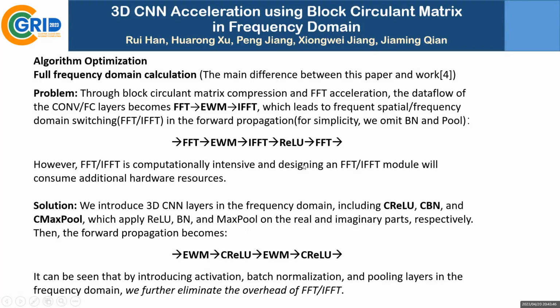However, through block circulant matrix compression and FFT acceleration, the data flow of the convolutional and fully connected layers becomes FFT, element-wise multiplication, and IFFT, which leads to frequent spatial-frequency domain switching overhead in the forward propagation process.